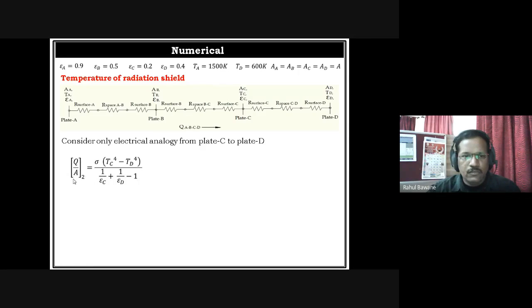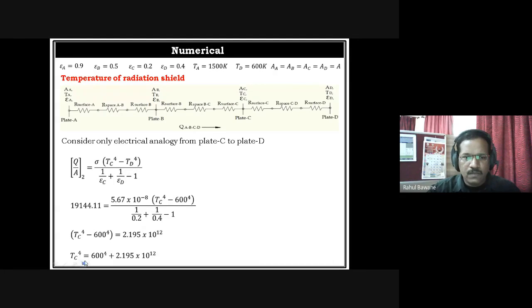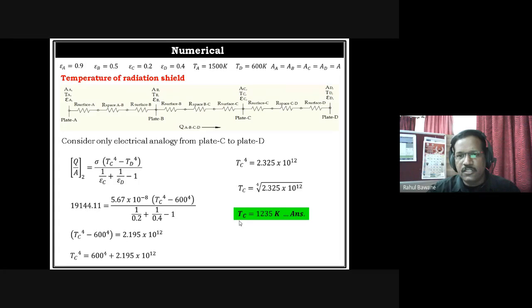So Q by A equals sigma Tc raised to the power 4 minus Td raised to the power 4, divided by 1 upon emissivity C plus 1 upon emissivity D minus 1. It becomes like this. Simplify this, rearrange. Now we have to take the fourth root, and it will give the temperature of plate C. It is 1235 Kelvin.